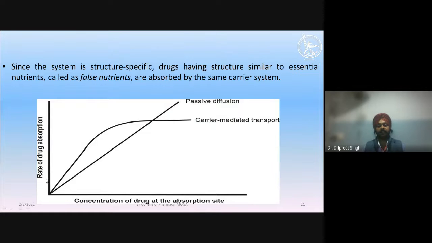But in passive diffusion, a net concentration gradient is generated, and absorption begins after the disintegration and dissolution steps at the absorption site. Passive diffusion is energy independent, while carrier mediated transport is energy dependent, and the energy dependent system is saturated according to enzyme kinetics.